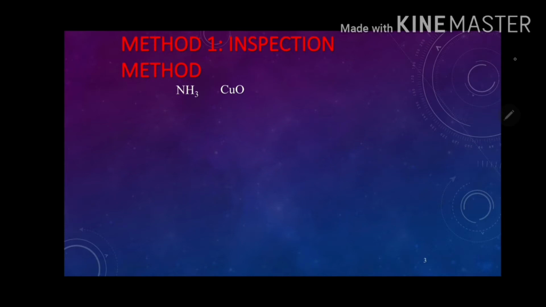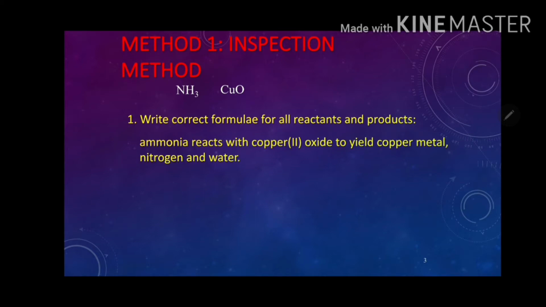Okay, for example, we have reaction between ammonia NH3 and copper 2 oxide. So the first step is write the correct formulae for all reactants and products. So for this one, ammonia reacts with copper 2 oxide to yield copper metal and nitrogen and water.